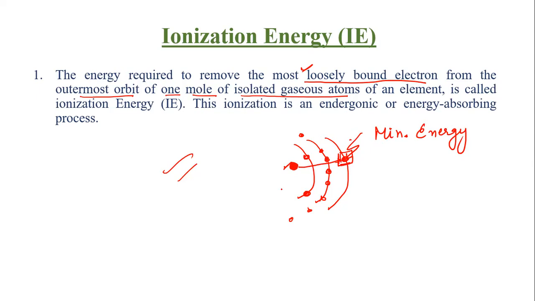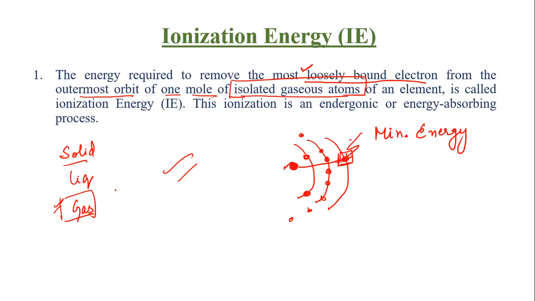Okay. Then isolated, what do you mean by this? Isolated gaseous atom. Now if I say solid, then liquid, and then gas, gas particles, or you can say gas atoms, will have the least amount of force of attraction between them.